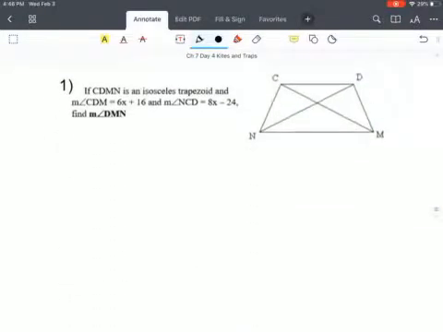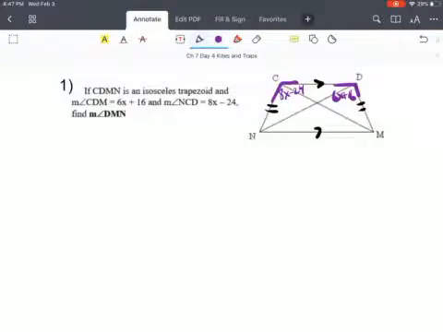So in an isosceles trapezoid, let's label this angle. First off, it's an isosceles trapezoid, so we're going to have parallel sides and then congruent sides. And then labeling in our angles, angle CDM is 6x plus 16, and angle NCD is 8x minus 24. These are both angles that are up top.